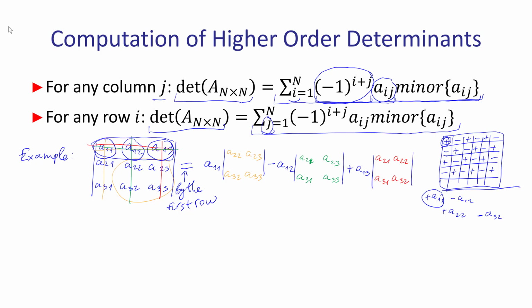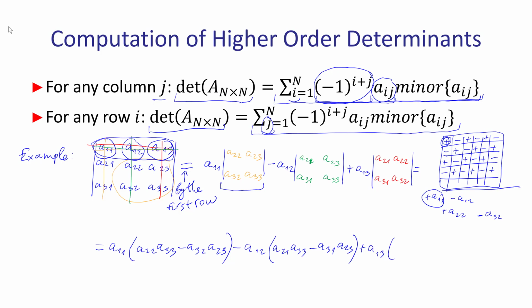And this is how you compute the determinant. Since all of those things are already defined before with smaller order determinants, we can always write something like that. So it's A11 multiplied by A22 multiplied by A33 minus A32, A23, minus A12 multiplied by A21, A33 minus A31, A23, plus A13 multiplied by A21, A32 minus A31, A22.